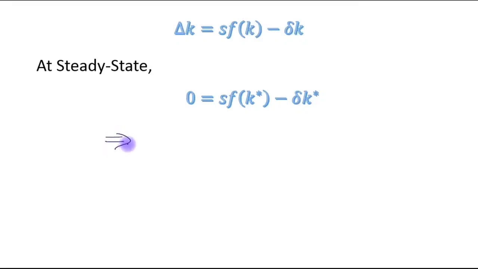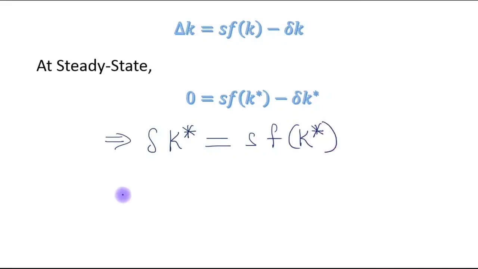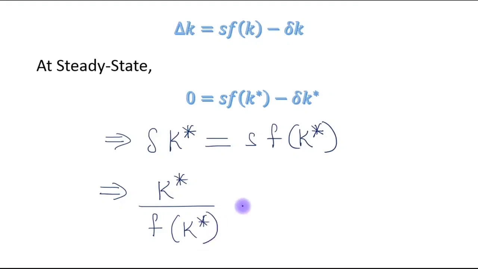In the next step, we can write delta k star equals s f(k star). Next step, k star upon f(k star) equals s upon delta.